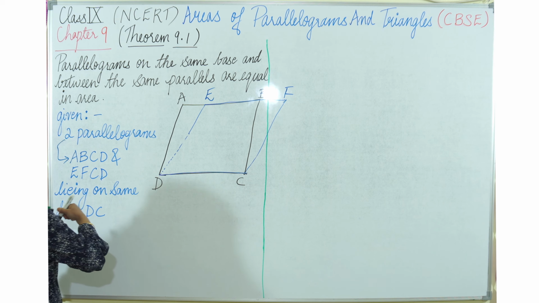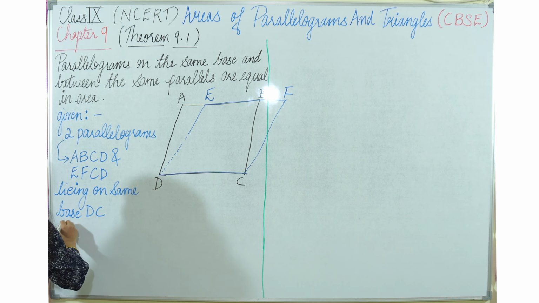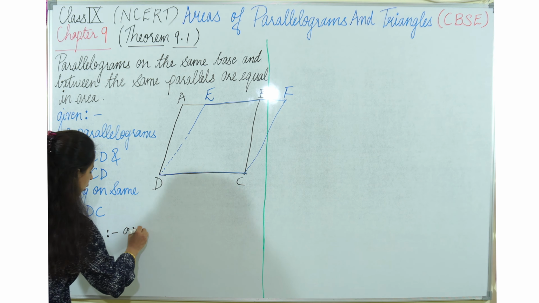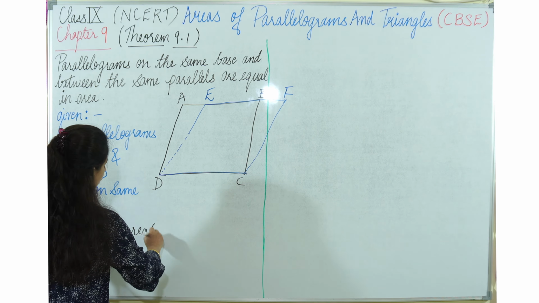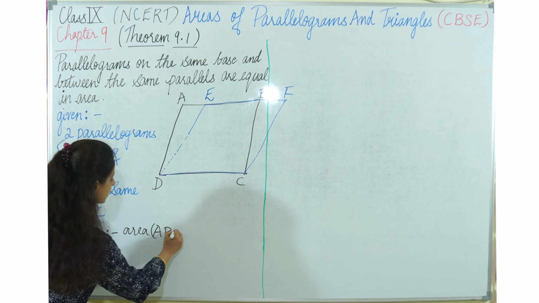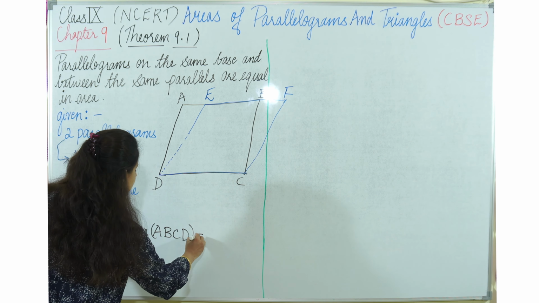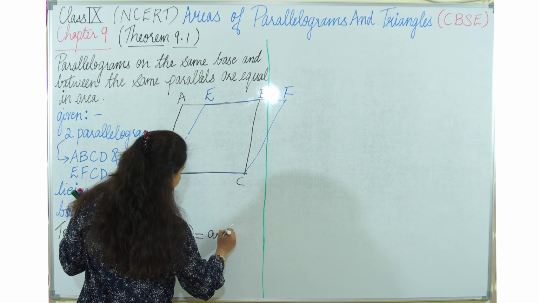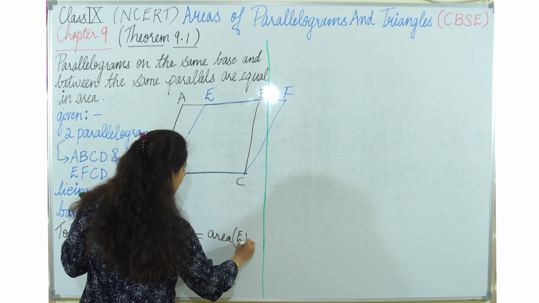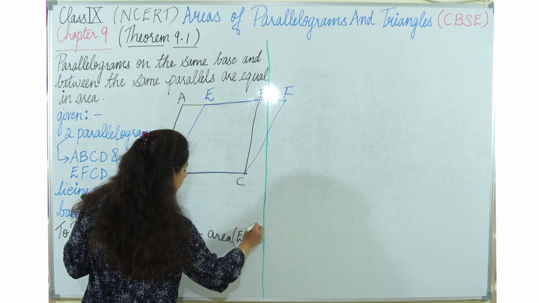So we need to prove in this theorem that the area of parallelogram ABCD is equal to the area of parallelogram EFCD.